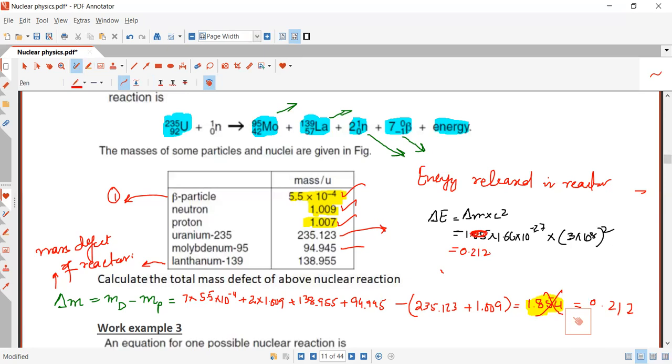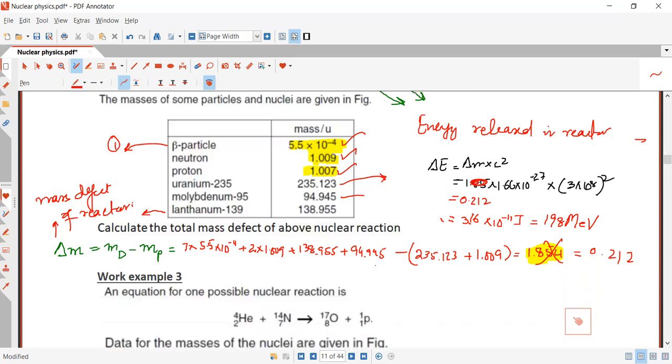Then we can convert it into kgs, and then multiply it by the square of the speed of light. So this is the energy released in the reaction, that is 3.16 times 10 to the power negative 11 joules. And we can convert it into million electron volts by dividing by the same conversion factor. So is this 198 million electron volts? Yes, this is correct. Right.